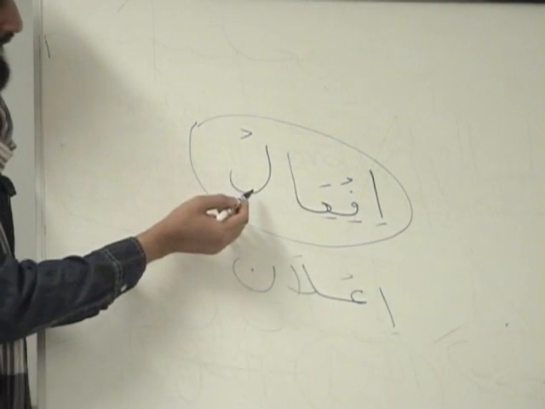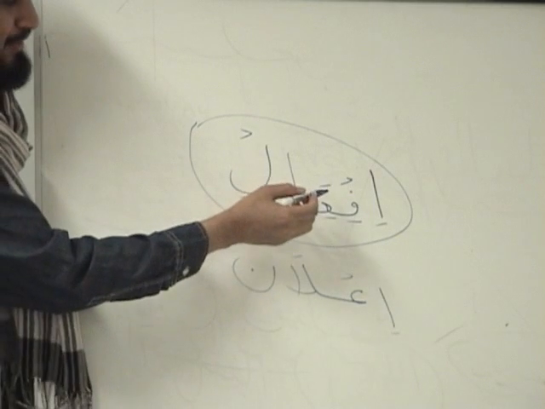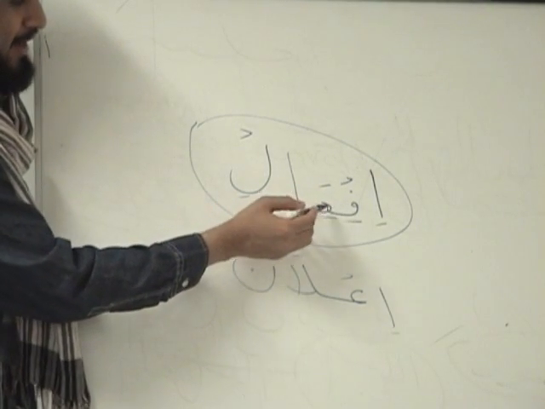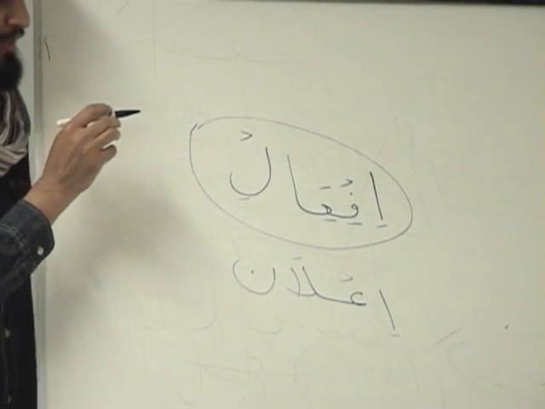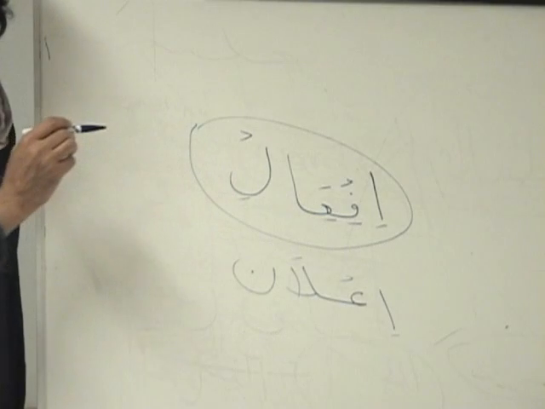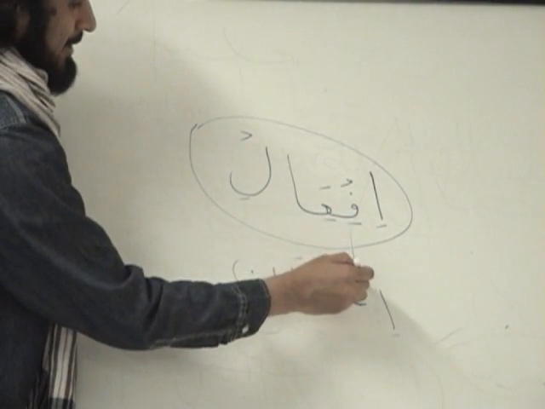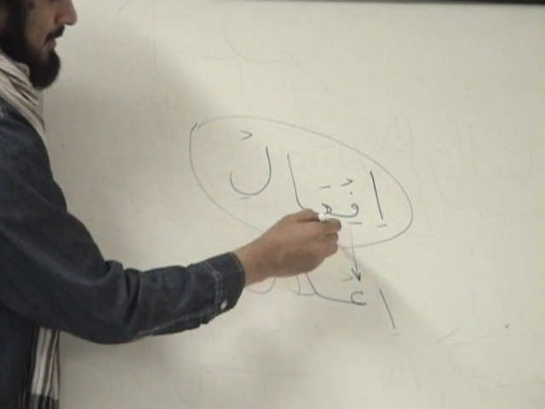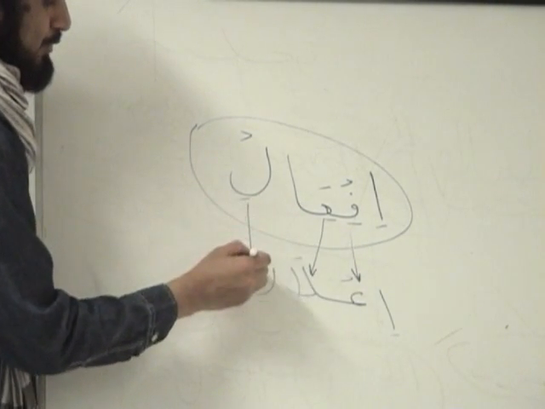But if you look at if'al, then it's easy, right? Because anything that will come against fa, ain, and this lam here will be original. Anything that doesn't come against fa, ain, and lam will be extra. So what comes against fa here? Ain, and this lam, this nun.